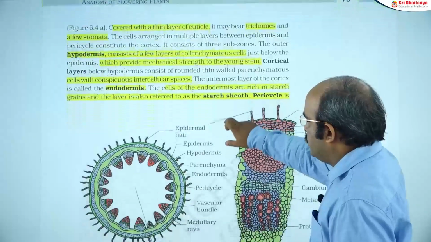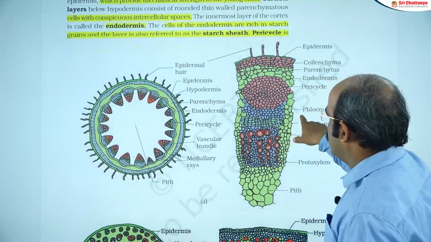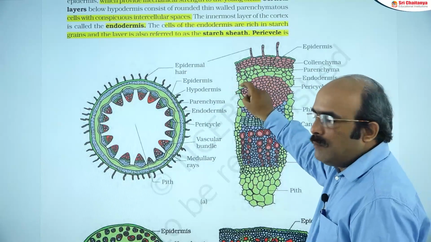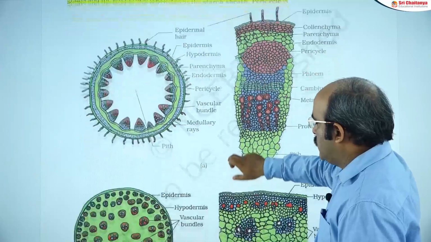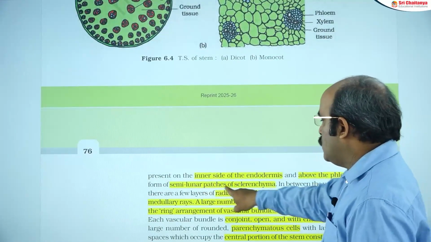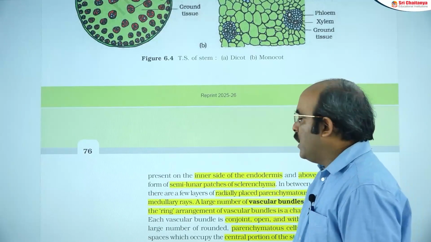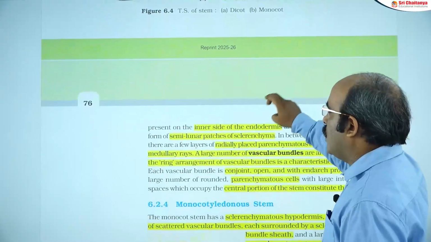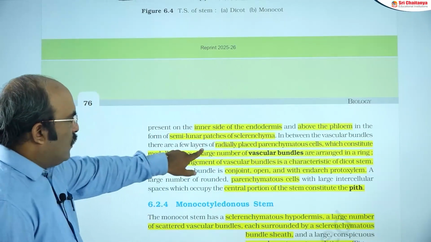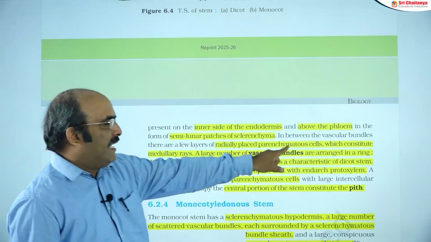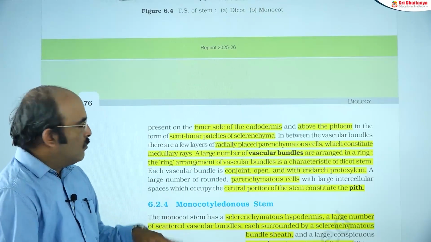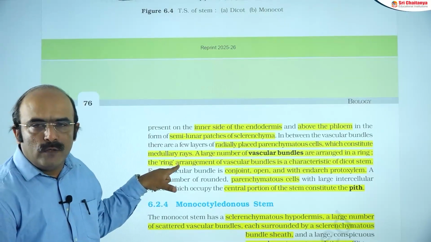Now in the case of the dicot stem, the pericycle is seen as a patch, which is called the semilunar patch. This semilunar patch is the pericycle, which is made up of sclerenchyma. It's not parenchyma or collenchyma, it is sclerenchyma. Now, the radially placed parenchymatous cells seen in between the two vascular bundles constitute the medullary ray.